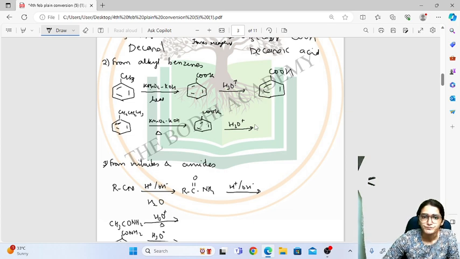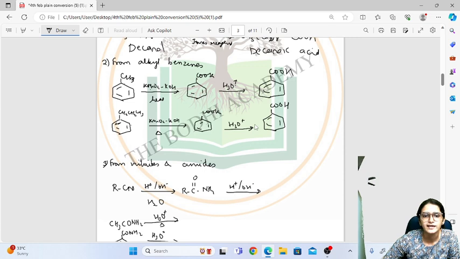Okay, now here one thing you have to remember is no matter what chain you are taking here, having 1 carbon, 2 carbon, 3 carbon or n number of carbons, product you are going to get is only the benzoic acid. Okay, the alkyl chain will not make any difference for the formation of this product. So here in first example you have seen that toluene or the methyl benzene is reacted and we are getting product as benzoic acid.